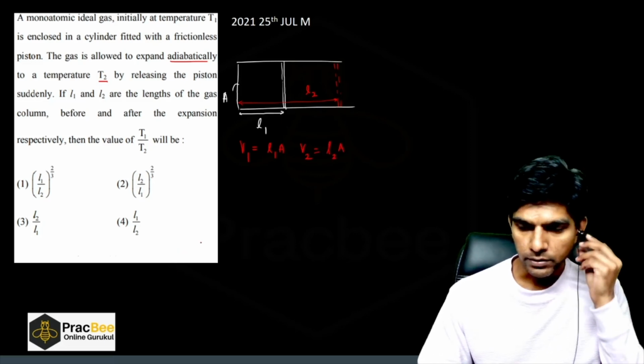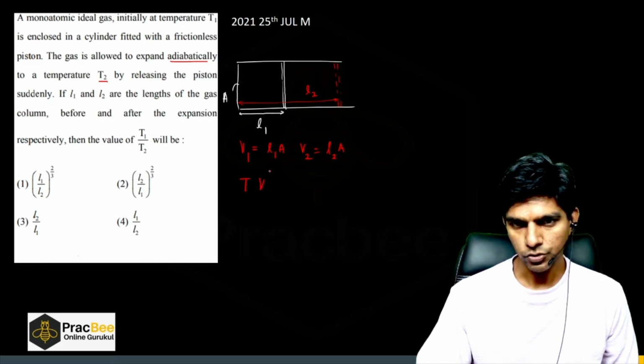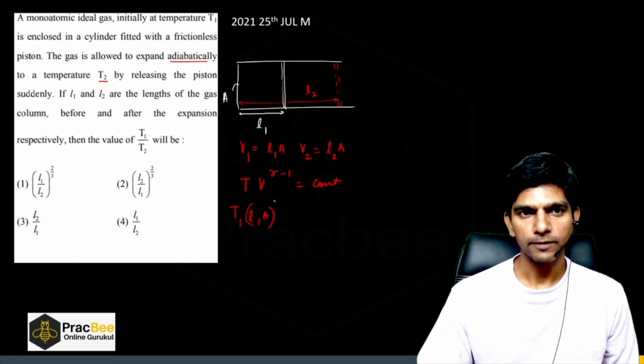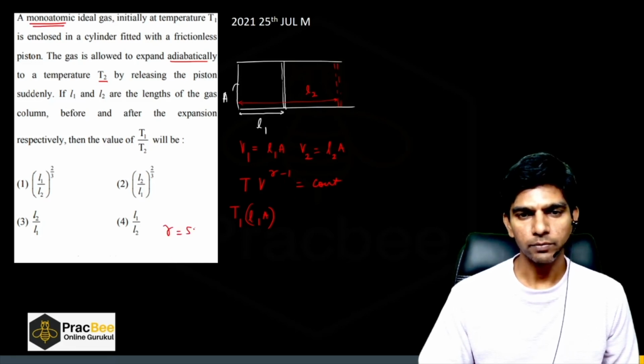We have to find the ratio of temperature. So we can use T V raised to power gamma minus 1, which is constant for an adiabatic process. So we can say T1 times L1 A raised to power gamma minus 1. And what type of gas is it? It is monatomic gas, so gamma value is 5 by 3.